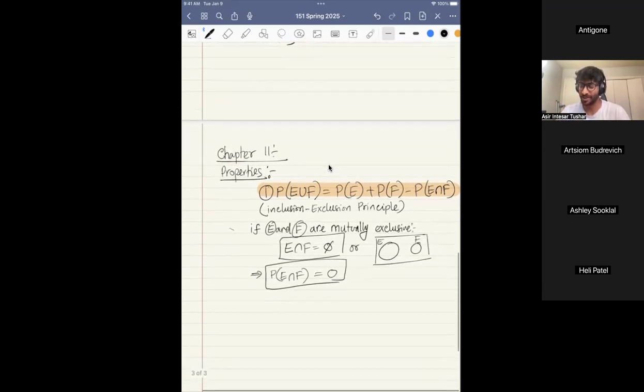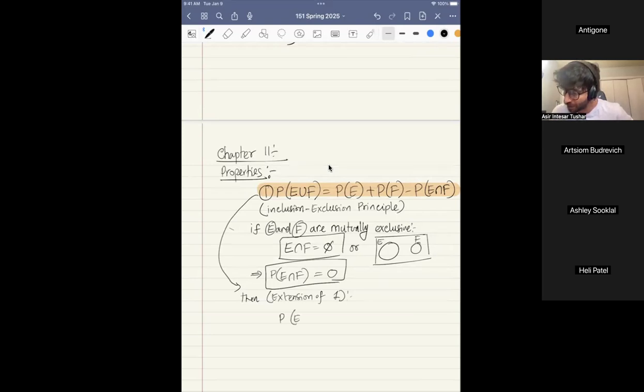If they are mutually exclusive and the probability of E intersection F is 0, then the extension of 1 is probability of E union F is probability of E plus probability of F, negative 0, since probability of E intersection F is 0.